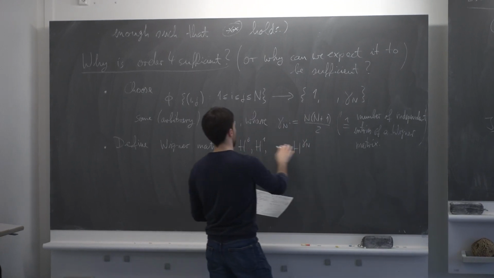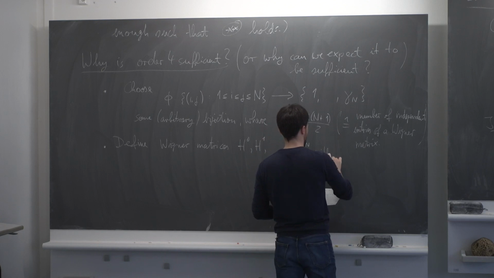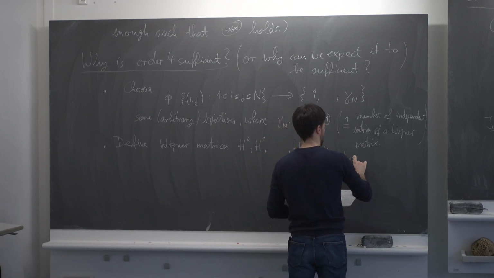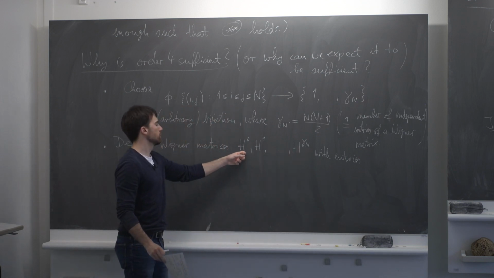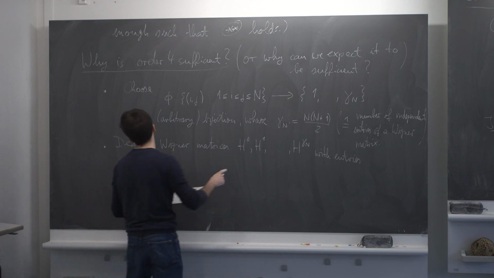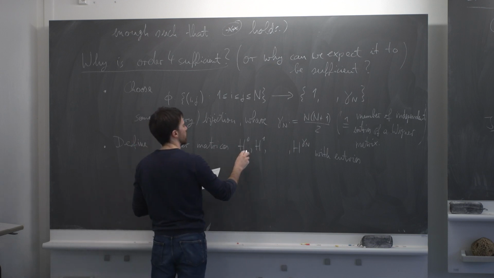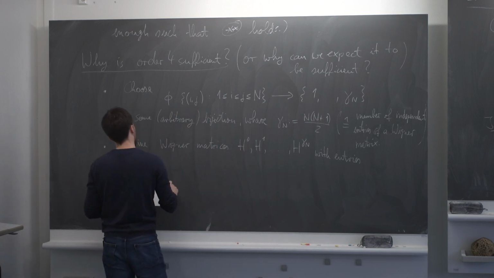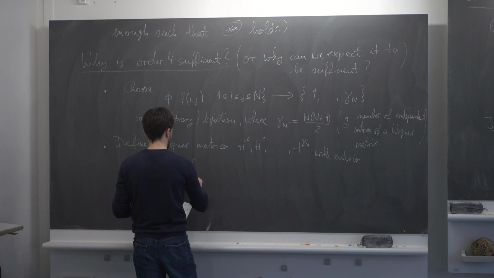These are not powers, but indices of a family of matrices, and they have the following entries. Sorry, H0 will be H prime. And the H gamma ij entry is defined as follows.